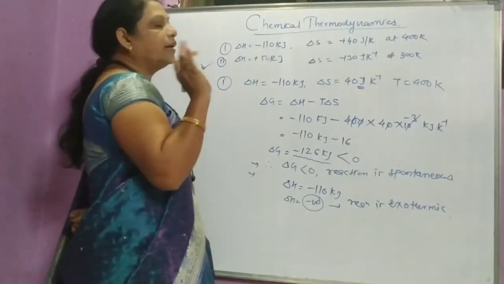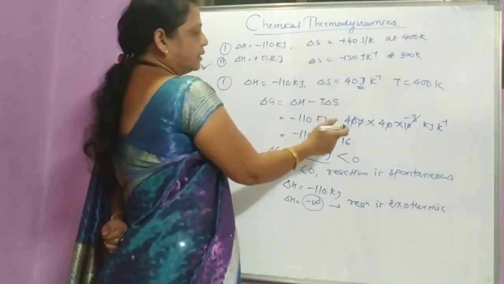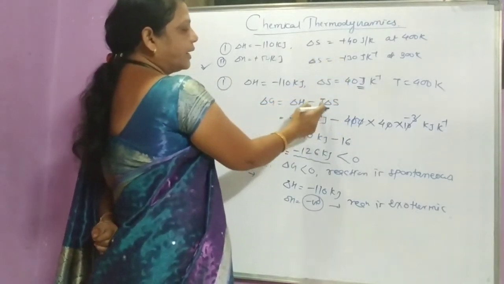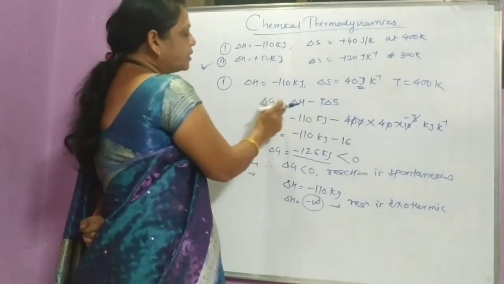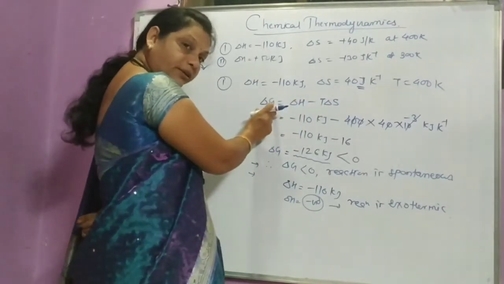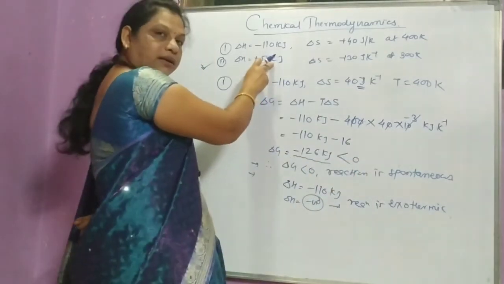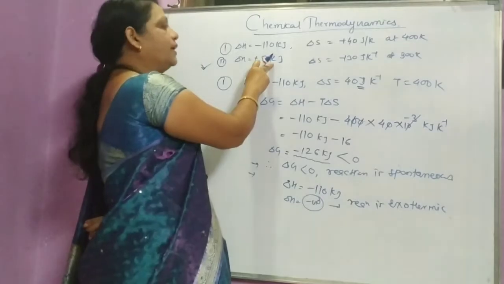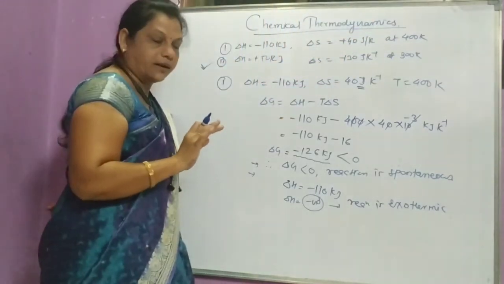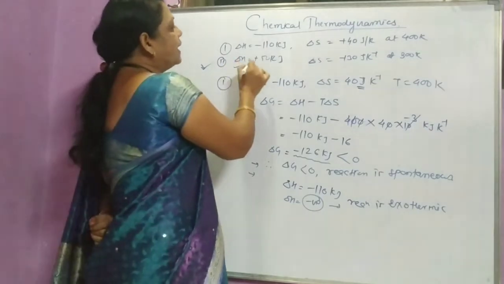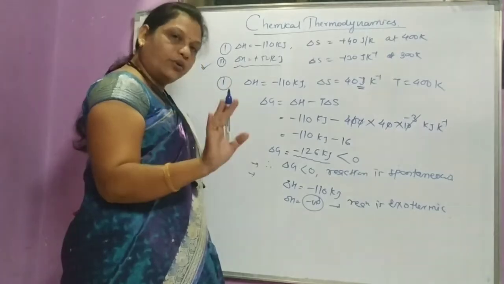The clue is that del H is positive and del S is negative, so minus T delta S is positive, and both terms are positive. Therefore del G is positive, and the reaction is non-spontaneous at whatever the temperature. And del H is positive, therefore the reaction is endothermic.